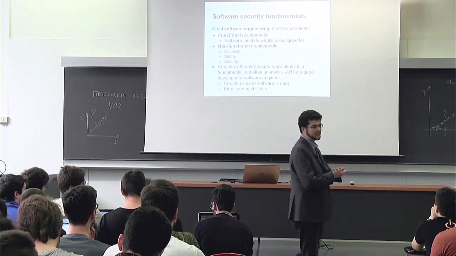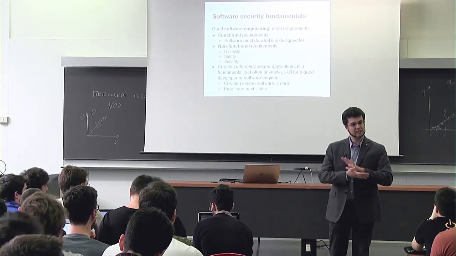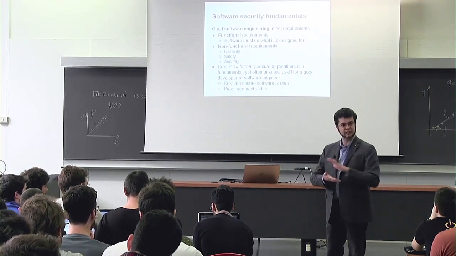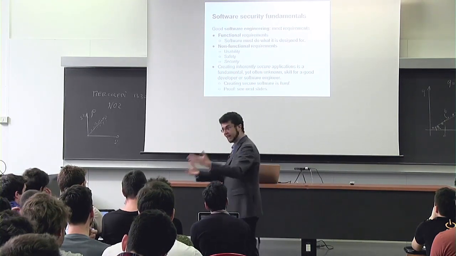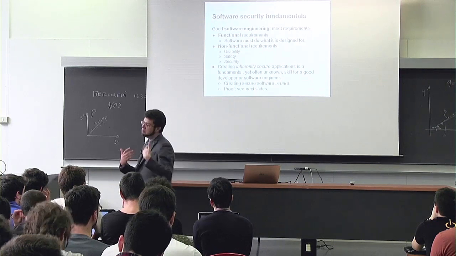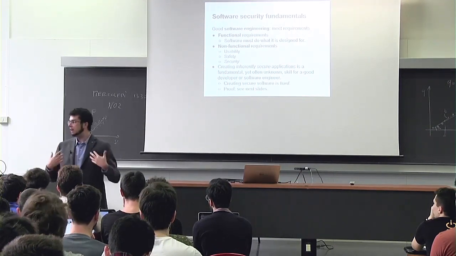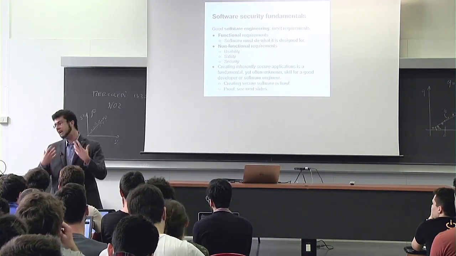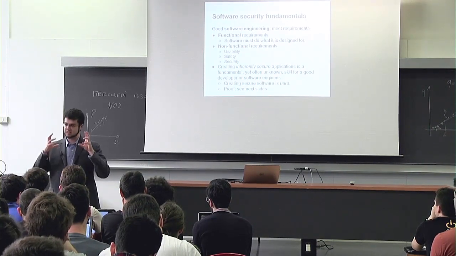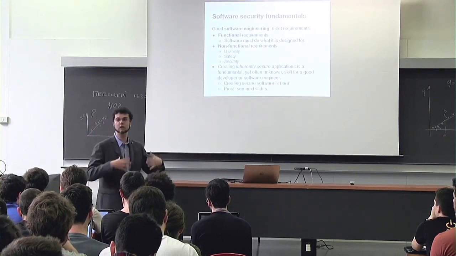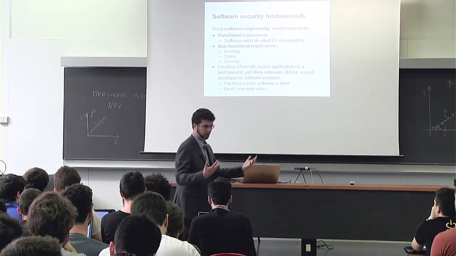Rarely, when you design software and do requirement elicitation, gathering requirements from the end users, will users say that software needs to be secure. Maybe they say that, but they don't go in depth on that. They just assume that when you design software, you will also design it to be secure.